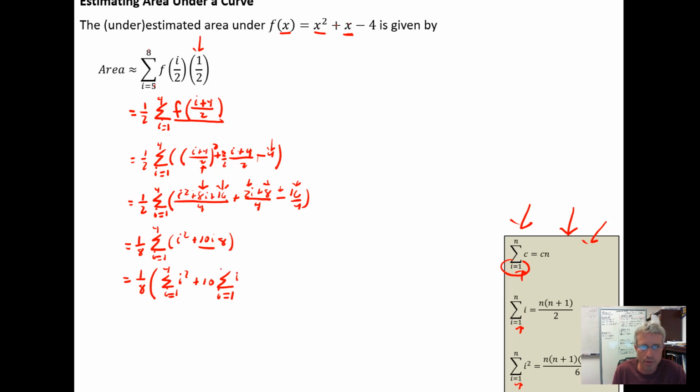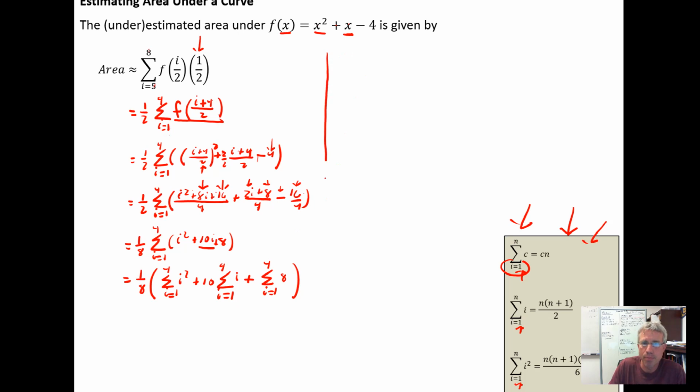My 4s are worse today even than usual, and that should be a plus 8 sitting there. It was 16 minus 16 plus 8, so it's going to be plus the sum from i equal 1 to 4 of 8.